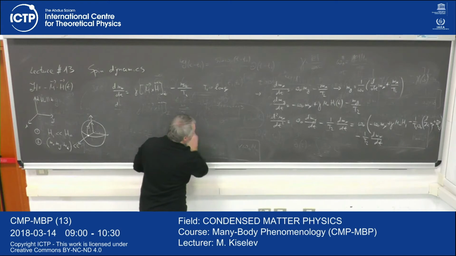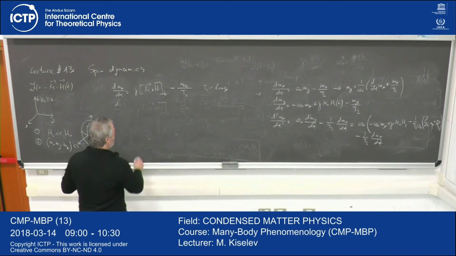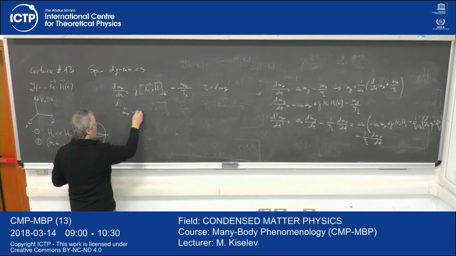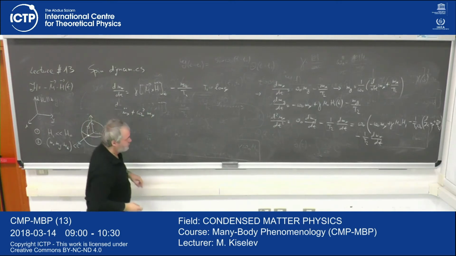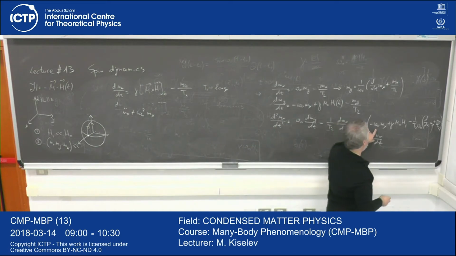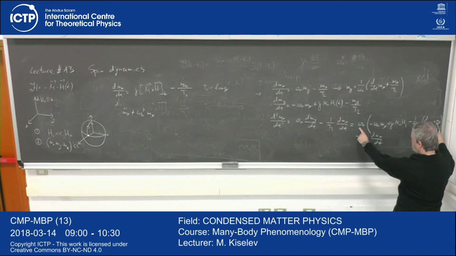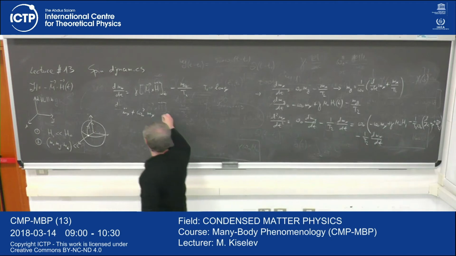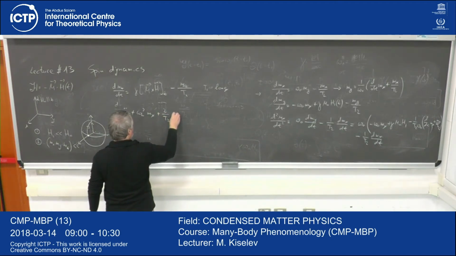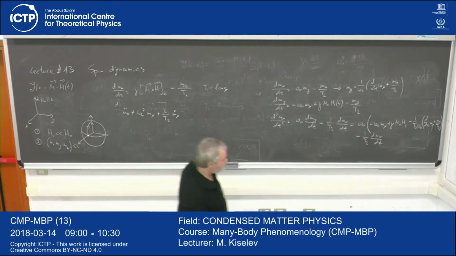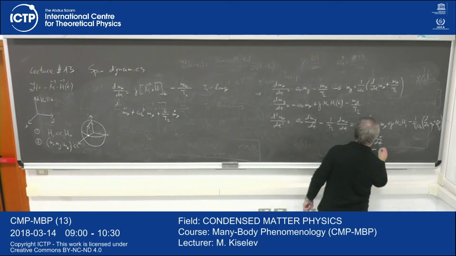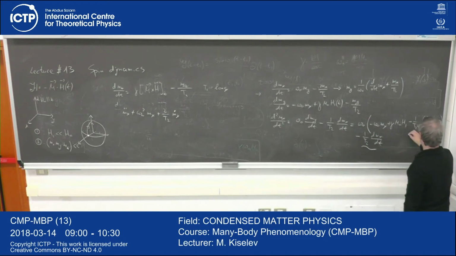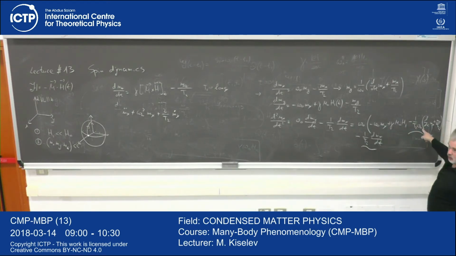Now I will collect all terms dependent on mx into the left hand side. So what I have? mx double dot plus omega naught squared mx. This is this term. Now I have the term minus mx over T2 and another term minus d over dt mx over T2, and yet another term. So it will give me 2 over T2 mx dot. This is this term and this term, because it's omega naught and omega naught in the denominator.